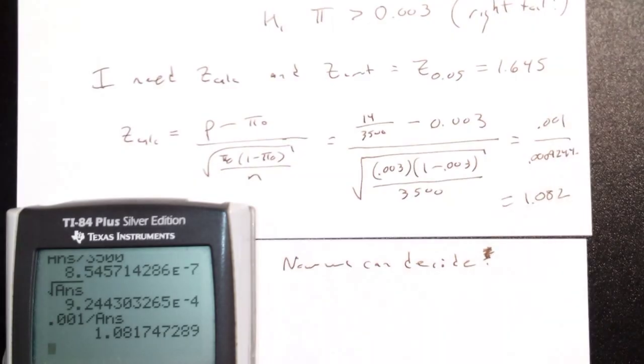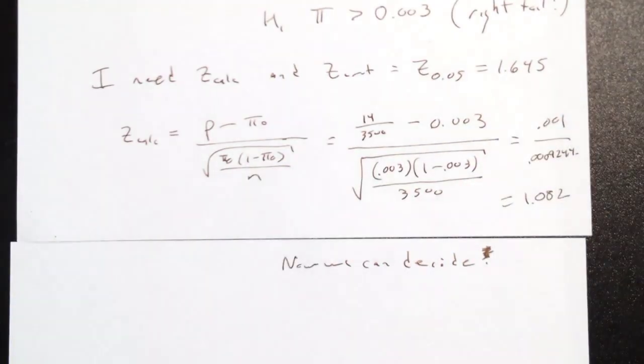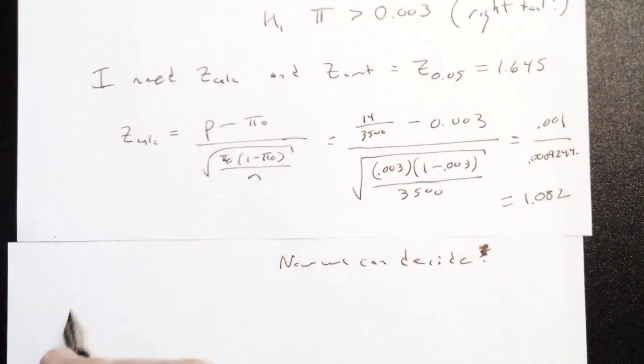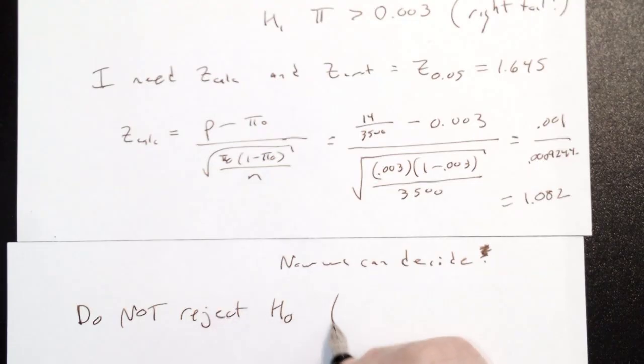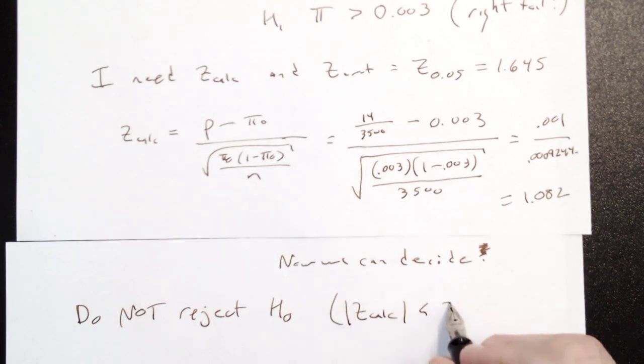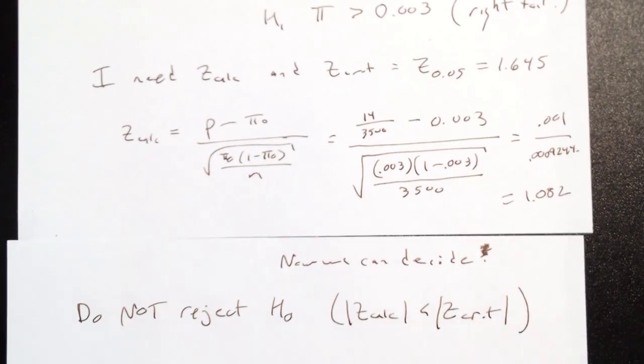So I cannot reject my null hypothesis. My calculated value is inside the boundary established by my critical value. It's not bigger, it's smaller.